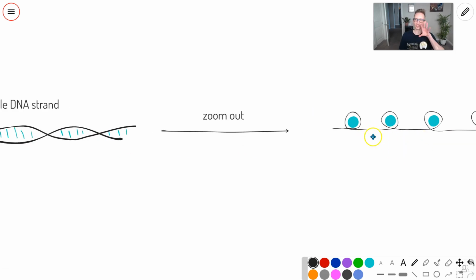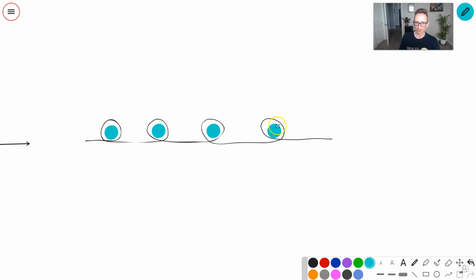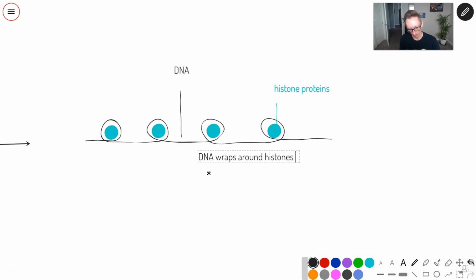And then if we zoom back, we can see that there's also these things called histone proteins. Histone proteins. And this would be DNA. All right. DNA wraps around histones twice.